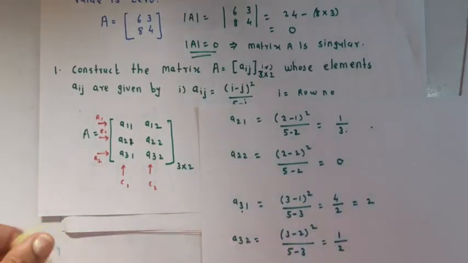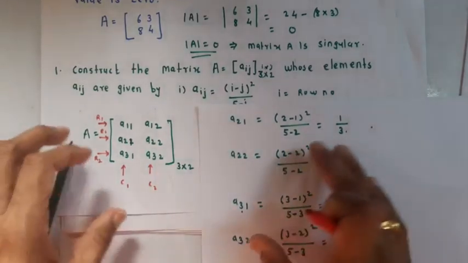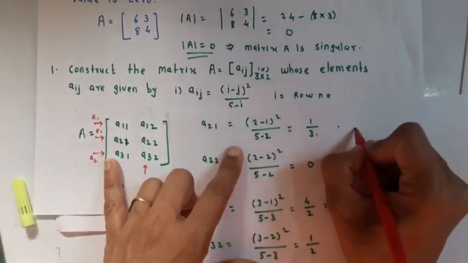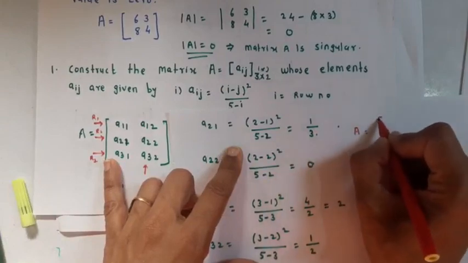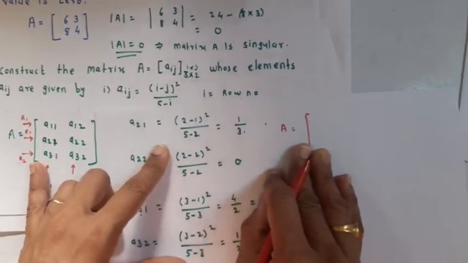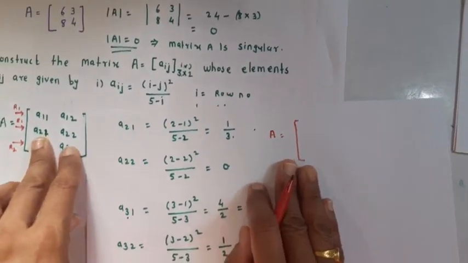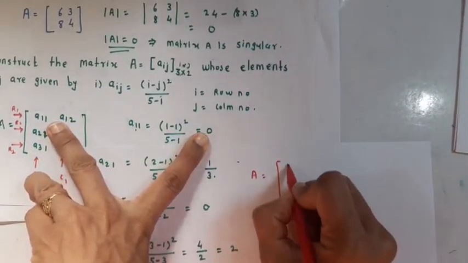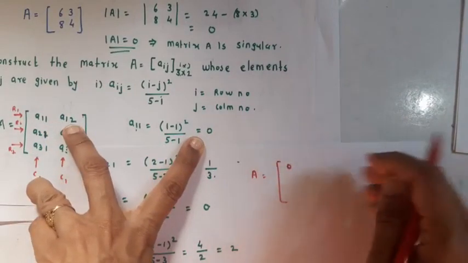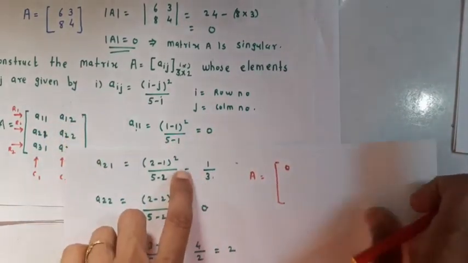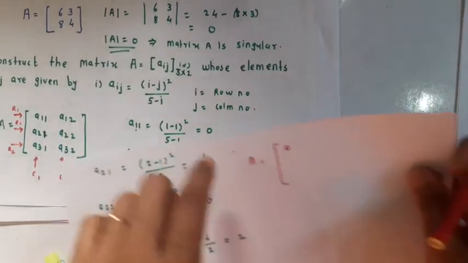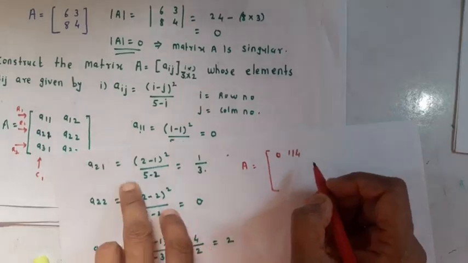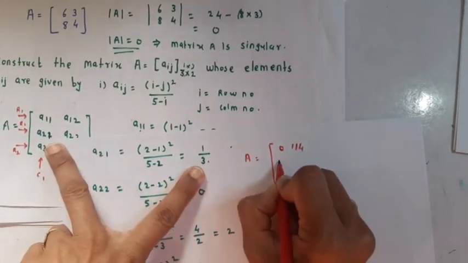So let us form the matrix. The elements of the matrix A are: A11 is 0, so put 0 here. A12 equal to 1 by 4. Then A21 is 1 by 3.